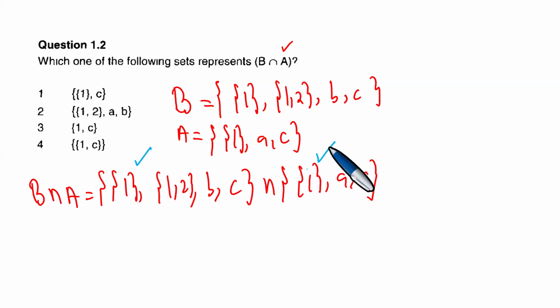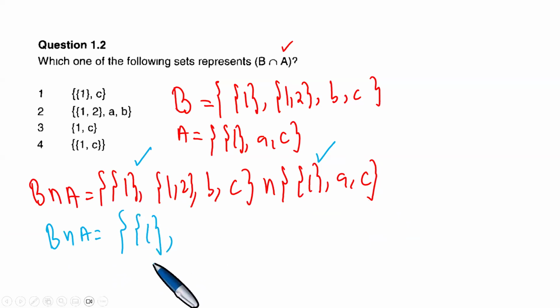We can see that the elements which are singletons are common in both sets. We list the first singleton there. Next, we identify that C is also a common element, and therefore we have exactly this.